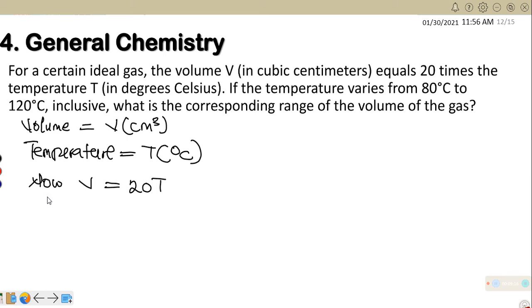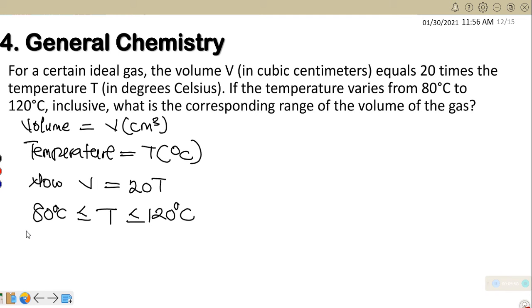Then from the second statement we have 80 degrees Celsius less than or equal to T less than or equal to 120 degrees Celsius. The temperature varies between 80 and 120 inclusive, so because of this inclusive, we have to put equal to there.